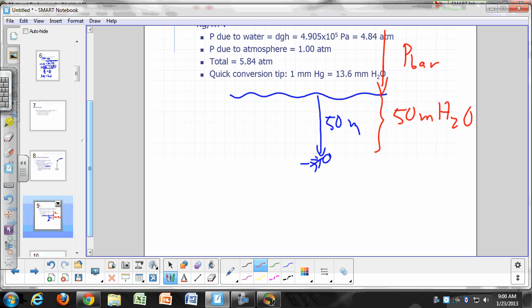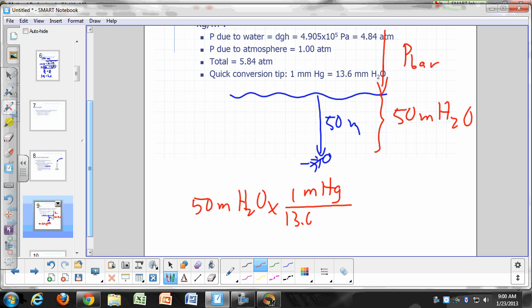50 meters. What's the conversion to meters of mercury? 1 meter of mercury is 13.6 meters of water.